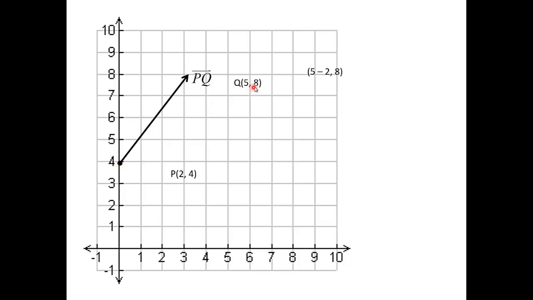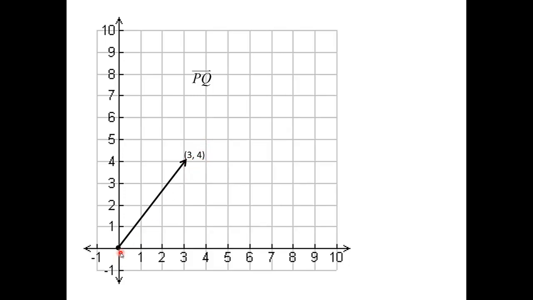Now we want to take 8 minus 4. In other words, shift everything down 4 units. Now, what we've done is we've not changed the magnitude or the direction of the vector. We've simply scooted it over, and now we have the vector having a terminal point of (3, 4).